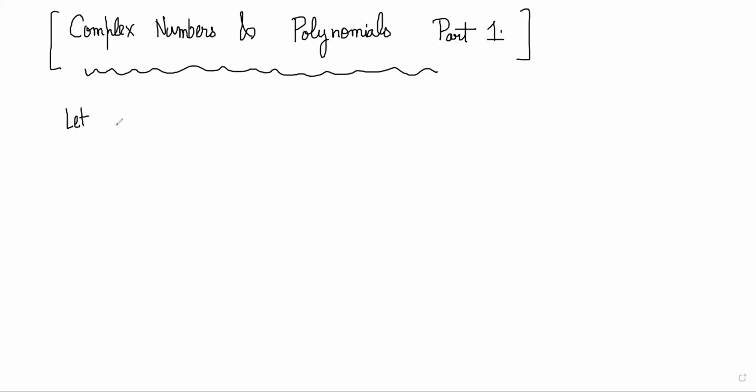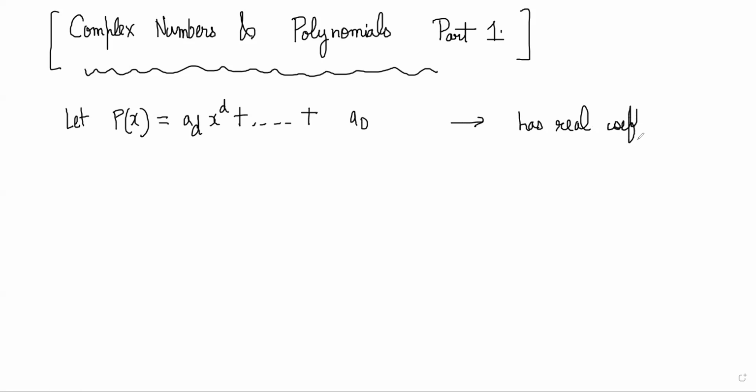So, let p of x be a polynomial like this, a_d x^d, and so on till a naught. Now here, this polynomial has real coefficients. That means that all the numbers a_d till a naught belong to the set of real numbers, right?